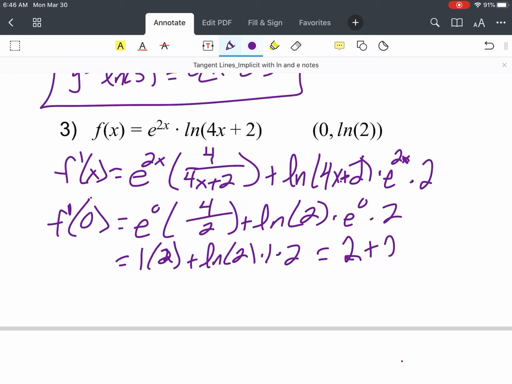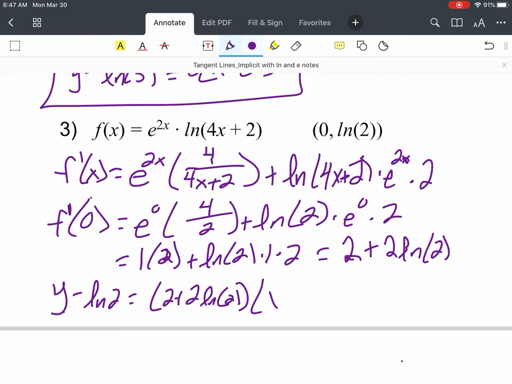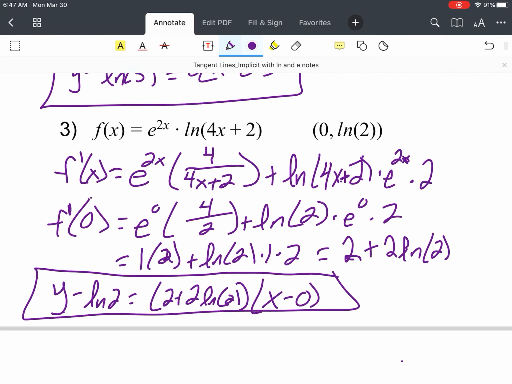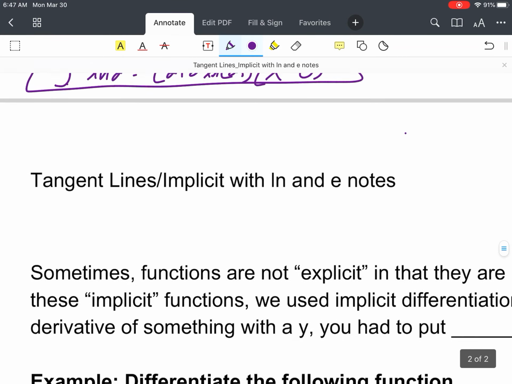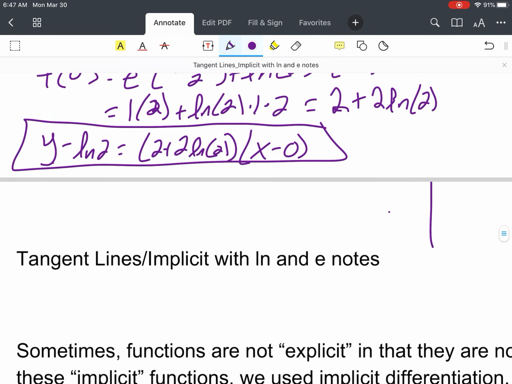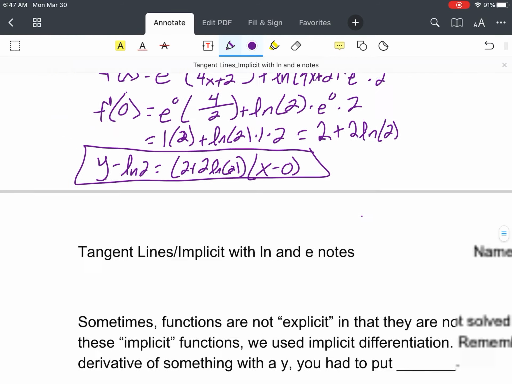So we get 2 plus 2 ln 2. All right, that's a crappy slope, but you know what? We really don't care, okay? So we get y minus y1, so y minus ln 2 equals our slope, which is 2 plus 2 ln 2, times x minus 0. Again, not the simplest it could be, but who cares? All right. Now, there's the tangent line part of today.